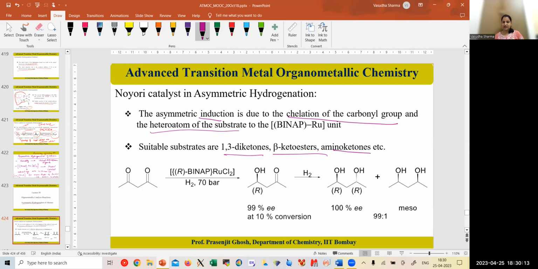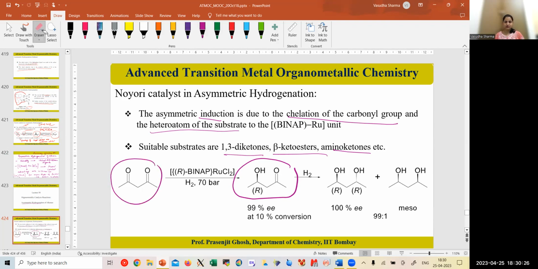For example, if we have this system where the ketone is there, and we have an OH, which is already chiral also. So we are starting with this particular dicarbonyl system, and we are using a BINAP system, which is a Noyori catalyst.